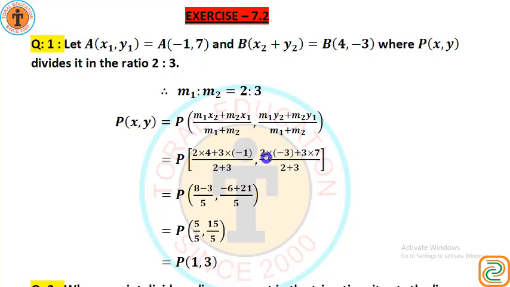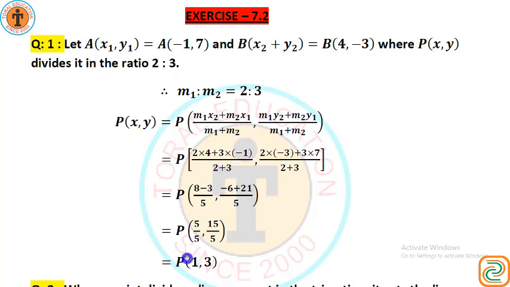Similarly 2, that is m1, y2 is -3, plus 3 which is m2, and 7 is y1, upon 2 plus 3. So 2 fours are 8, 3 ones are 3, 8 minus 3; 2 times -3 is -6 and 3 sevens are 21, upon 5. 2 plus 3 is 5.